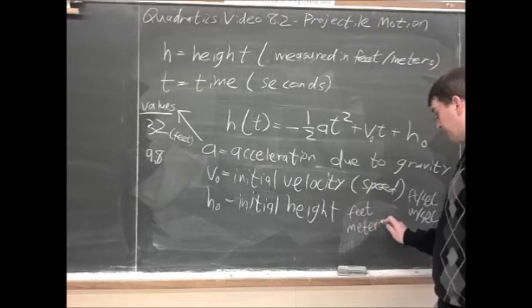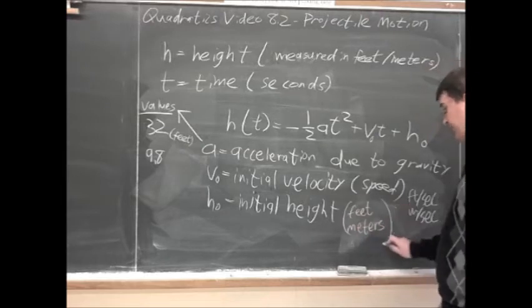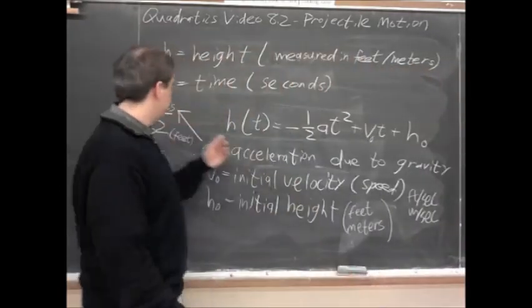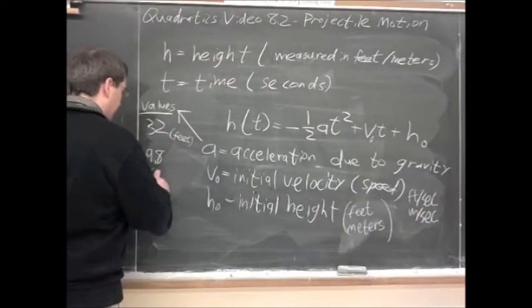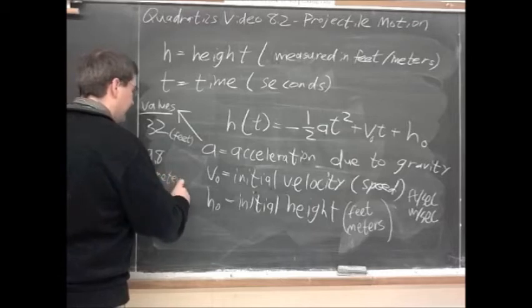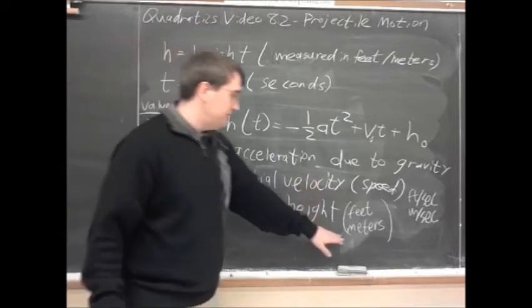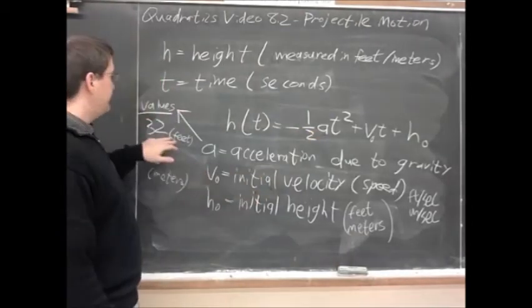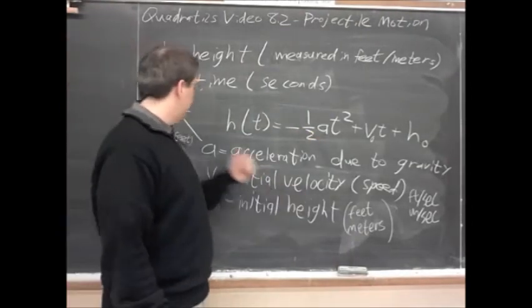There we go. And however these things are measured, velocity and height, that determines which of these two numbers you'll use. If the speed and height are in meters per second and meters, then we'll use 9.8 for a. If speed and height are measured in feet and feet per second, then we'll use the 32.